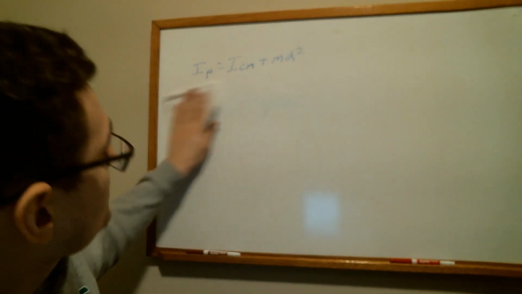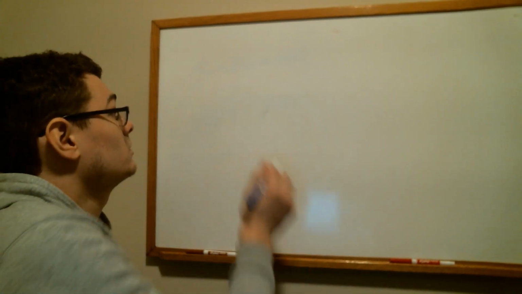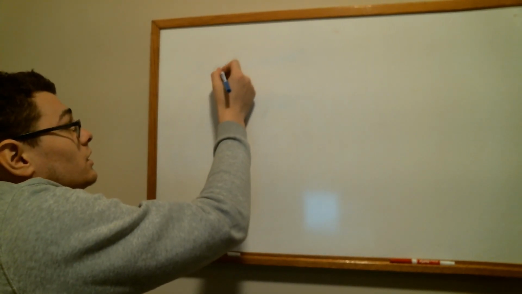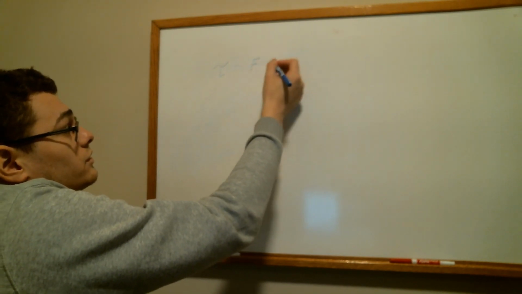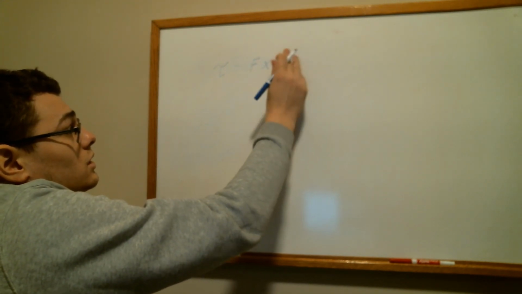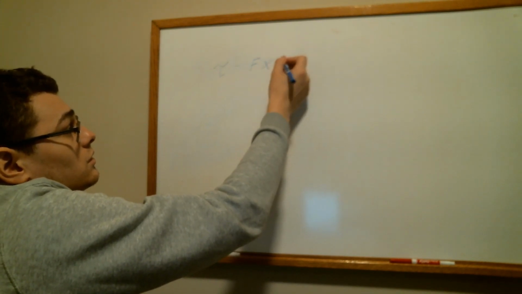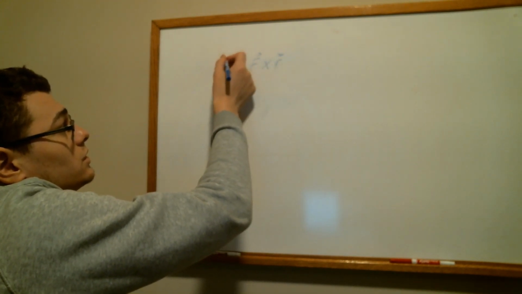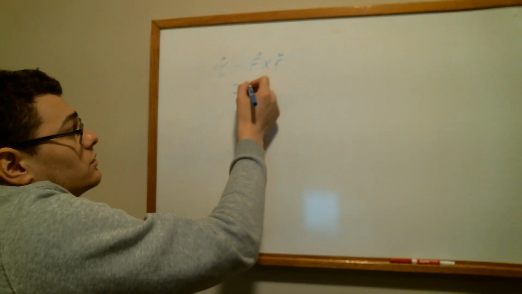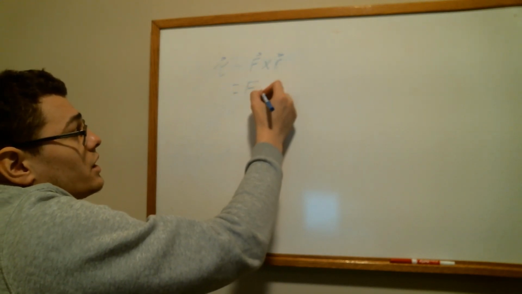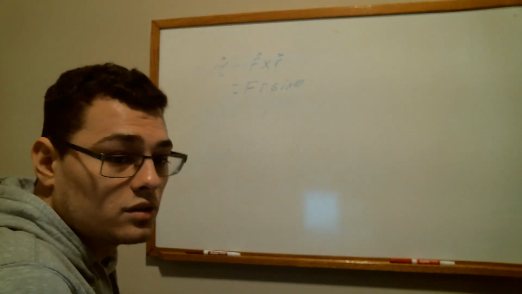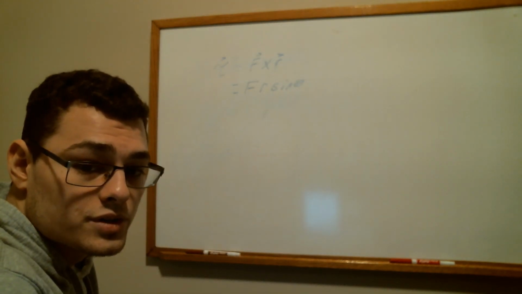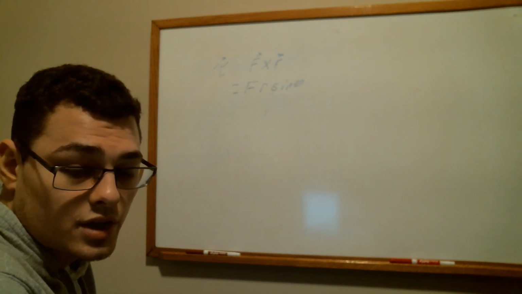For chapter 10, there's a couple key equations that you just need to remember. Remember, we talked about how τ was going to be equal to F cross r. These are all vectors. And usually this cross product ends up being F r sine theta, where theta is the angle in between the force and the radius.